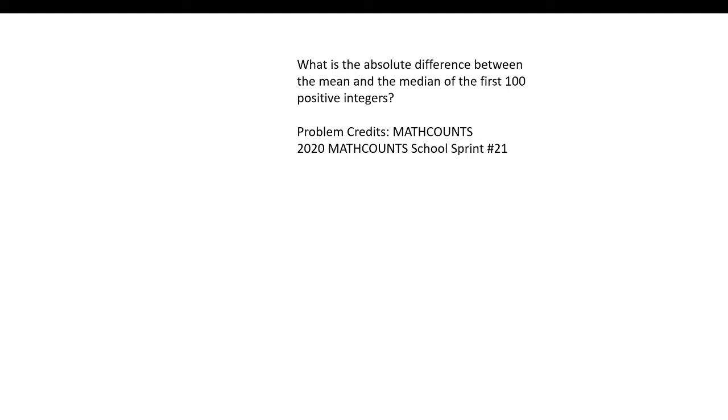It's number 21. So we're looking for the absolute difference between the mean and the median of the first 100 positive integers. I'm going to underline the median, the mean, and the first 100 positive integers. So that's basically from 1 to 100 inclusive.